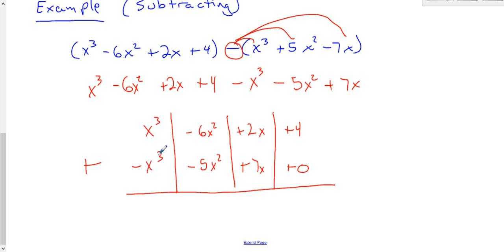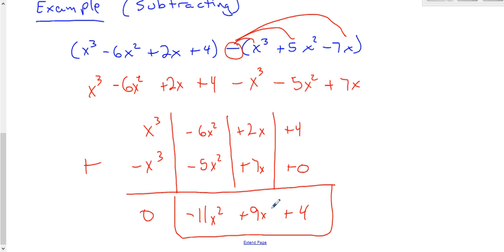X cubed plus a negative x cubed is going to be 0. Negative 6x squared plus a negative 5x squared is negative 11x squared. 2x plus 7x is positive 9x. And 4 plus 0 is positive 4. And so here's my answer. Negative 11x squared plus 9x plus 4. So the biggest difference here is with that subtraction, you need to distribute that into the second set of parentheses.